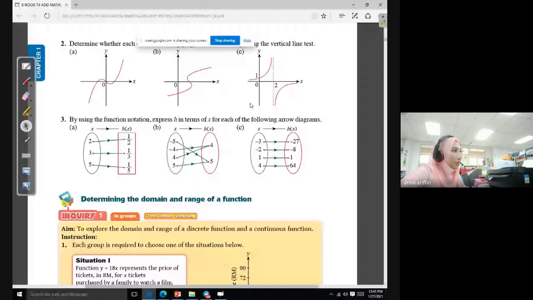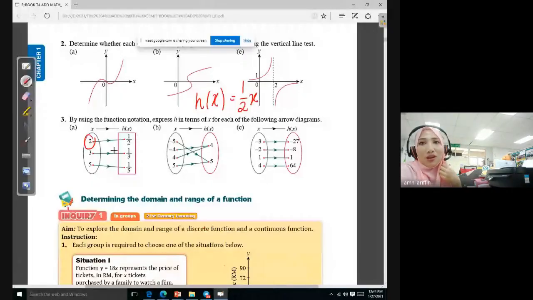Kamu nampak tak? 2. So dia akan jadi 1/2. So macam mana kamu nak tulis? Dia akan jadi h x equal to 1/2 x. Nampak tak? Dia punya half from the object.